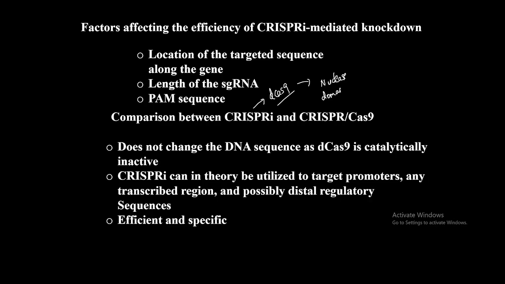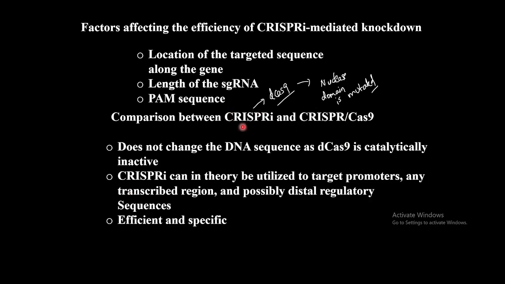So it can recognize the PAM sequence, but it cannot cleave the DNA template strand. And if you have not watched my previous video, please watch it so that you can understand better about dCas9. So coming back to the difference, it does not change the DNA sequence, and dCas9 is catalytically inactive, but CRISPR-Cas9 can cleave the DNA strand.